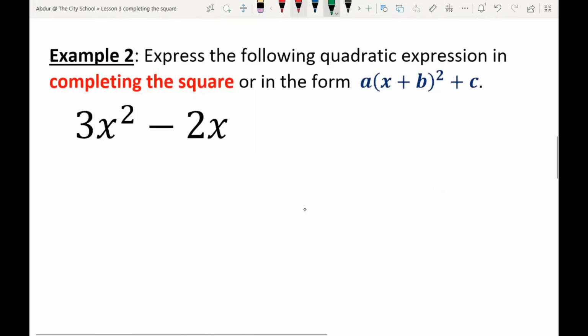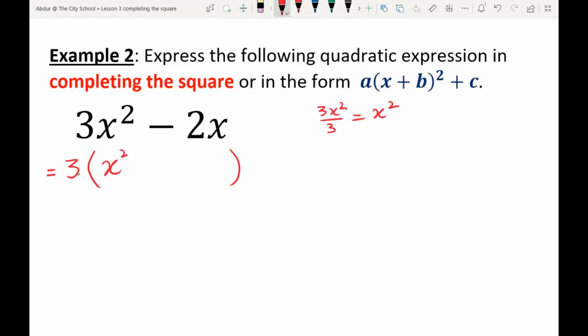To remove this 3, I'm going to take 3 as common here. So within the bracket, what will you do? We have to divide 3x square by common 3. So 3x square divided by 3, you will get x square here, and divide minus 2x by 3.